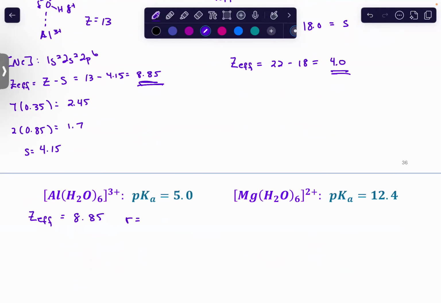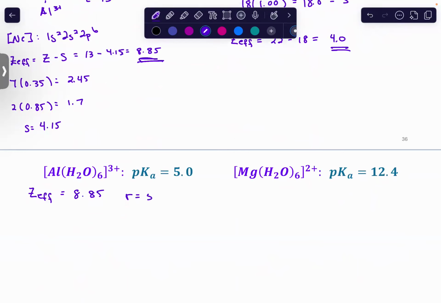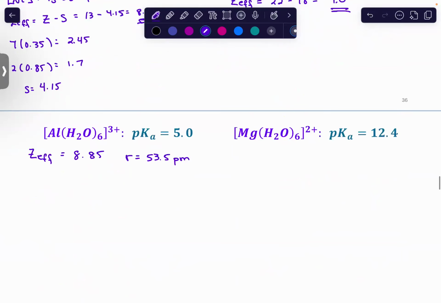So for aluminum, your R is 53.5. Now, for magnesium, the R is 65 picometers, but you can't calculate that.